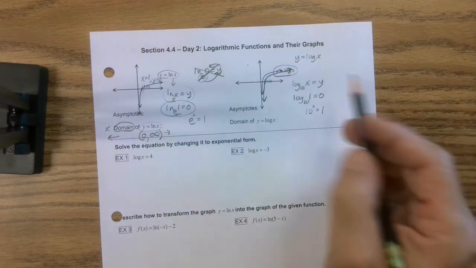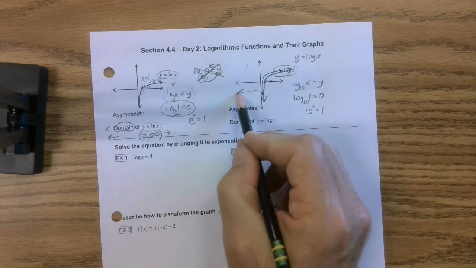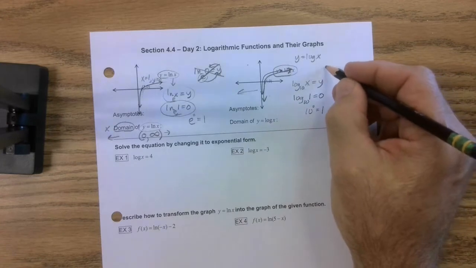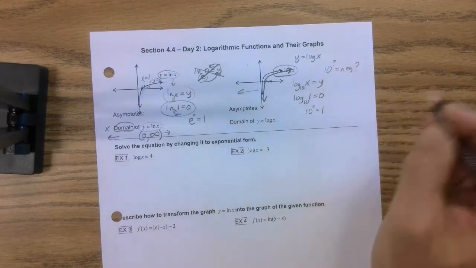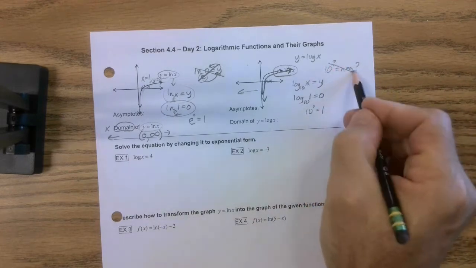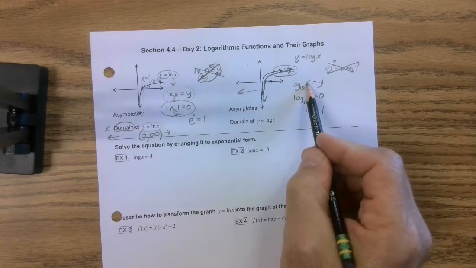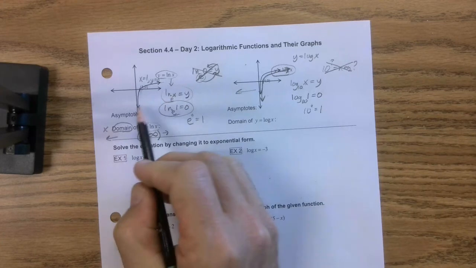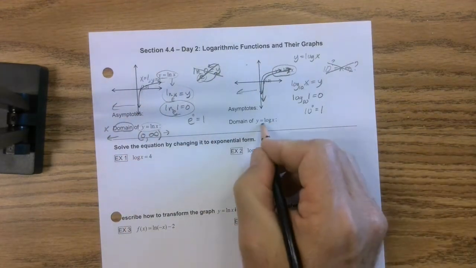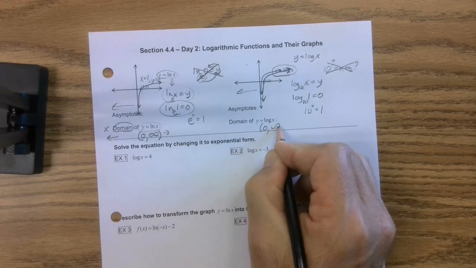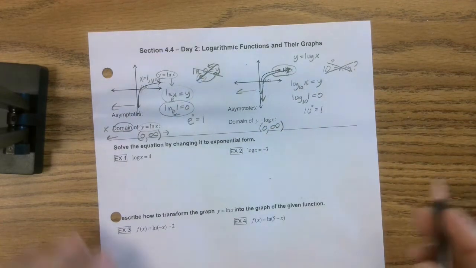Also, x can't be negative because, think about this, 10 to some power, will that ever give me a negative? No. So that means x can never be negative in either of these. That's why there's no domain to the left of the y-axis. So the domain here is the same, 0 all the way to infinity.